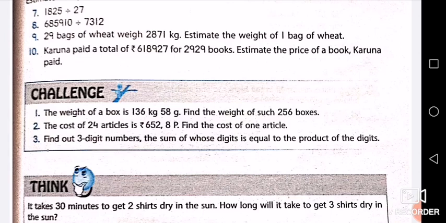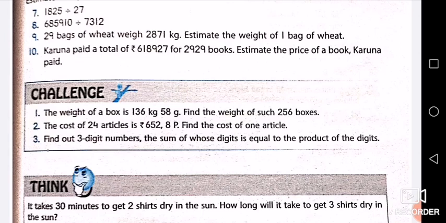Now the total weight of 30 bags will be 2871. As I told you, any number will be rounded off to its greatest place value, which is 1000. Now here you are going to round 2871 off to the 1000 place.